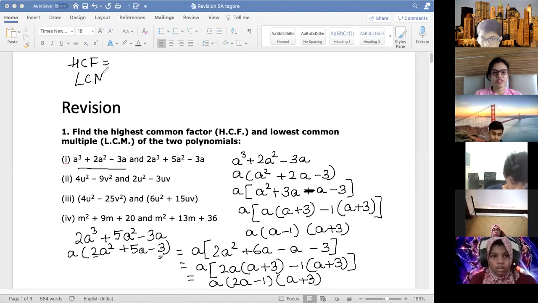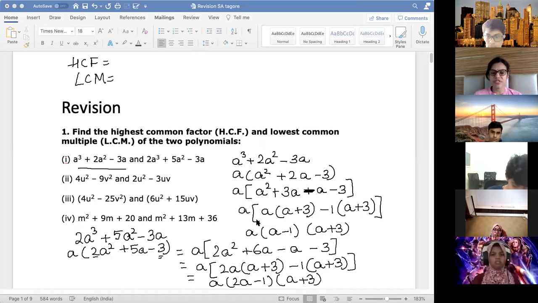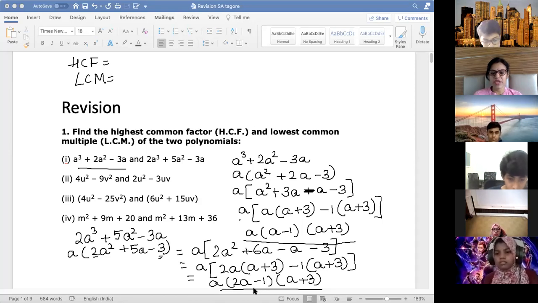Who will give me the answer? All of you have joined. Yusuf, Ahmad, please keep your camera on. Every time I have to ask you people. Farhana, can you give me the HCF? I have given you the factorization: the first one is this one, and the second one is this one. What is the HCF? Tell me.